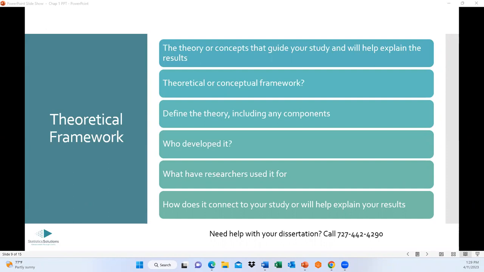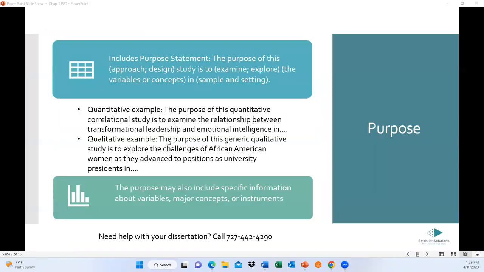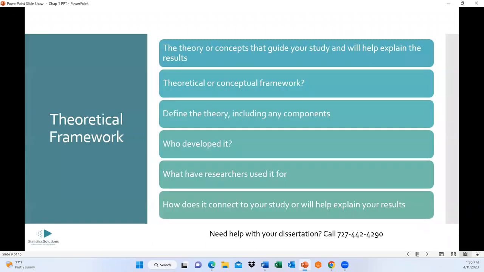So say you're looking at, to go back to our example from the purpose, the purpose of the qualitative study is to explore the challenges African-American women face as they advance in positions as university presidents. So you don't want a theory for that. So for a conceptual framework, you're going to take maybe the concept of advancement, or maybe barriers to advancement, right?